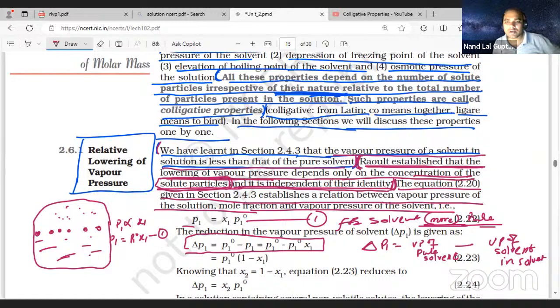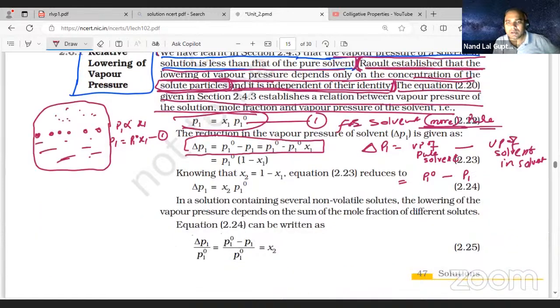So for pure solvent we write P1 naught, minus P1. So delta P1 equals P1 naught minus P1 naught X1. Can we write it like that?